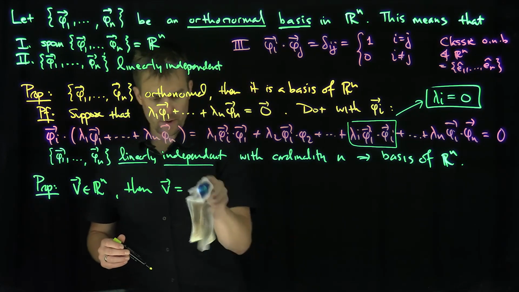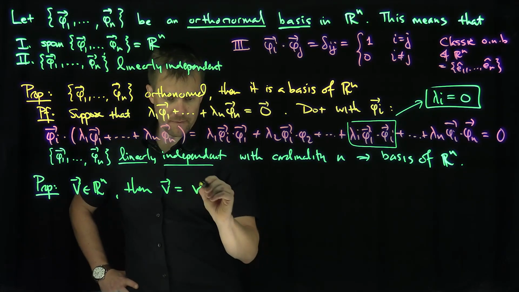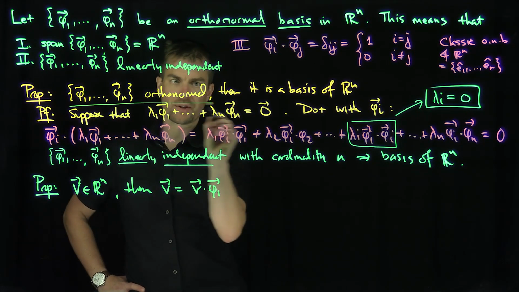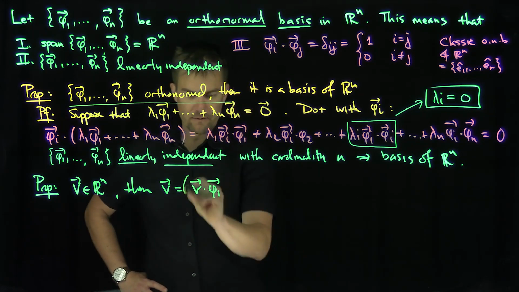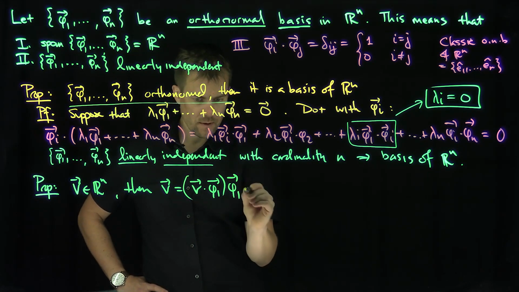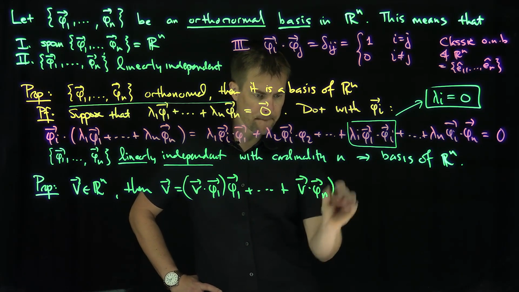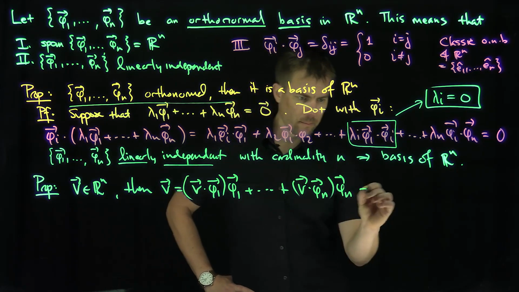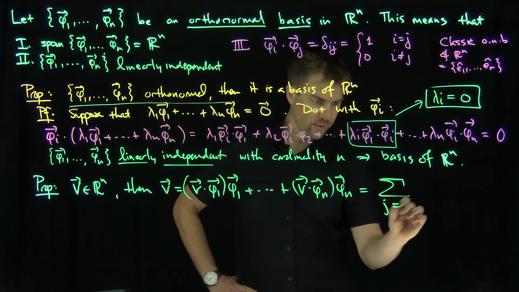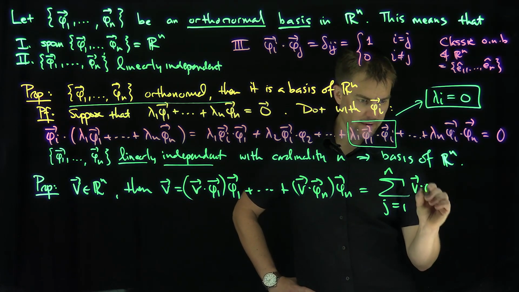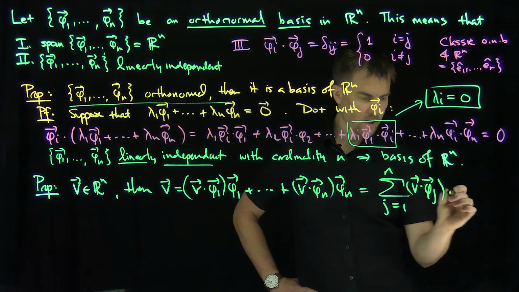force of habit to do the inner product notation. It's going to be v dot phi 1, under the same assumption that this is an orthonormal set, right? v dot phi 1 plus ... plus v dot phi n. Compactly, I can write this as the sum, j goes from 1 up to n, of v dot phi j, those are the coefficients, times phi j.